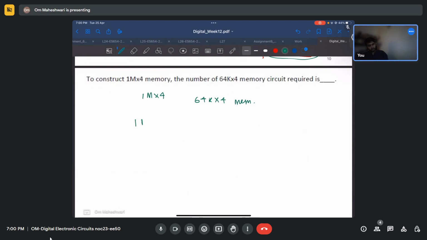It will be 1M cross 4 divided by 64K cross 4.